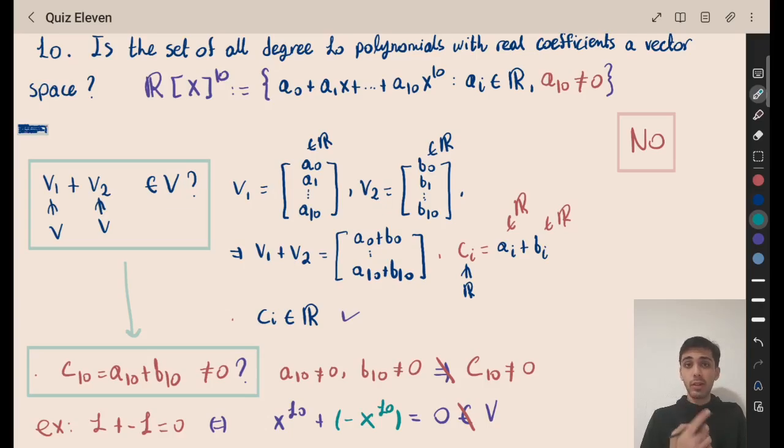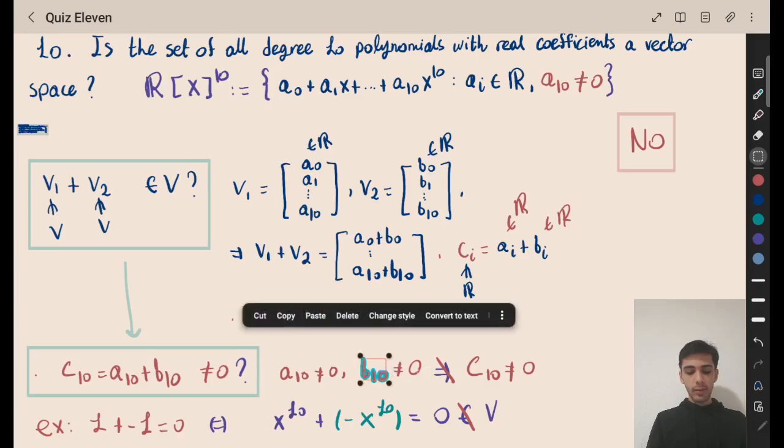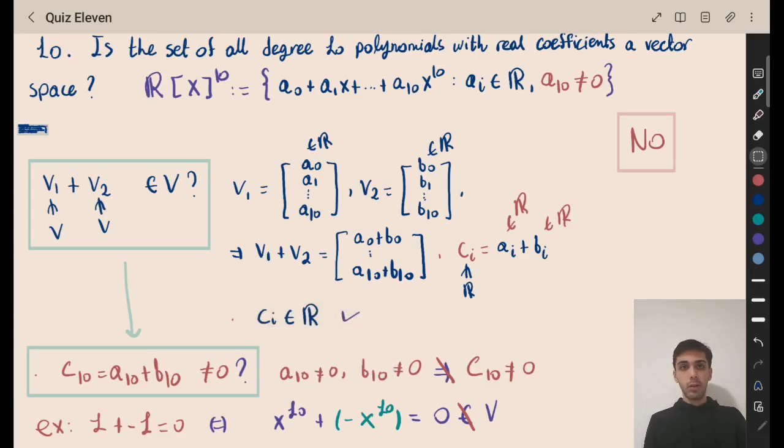So this is just one example, but there's an infinite class of such examples. And this class is precisely when you choose A10 to be the additive inverse of B10 for any polynomial. And you add them together. When you do that, you get the 0.